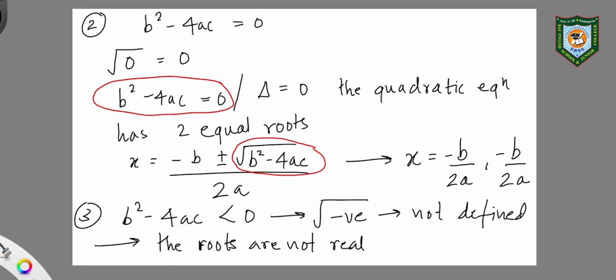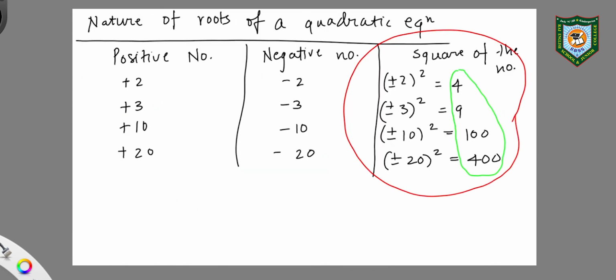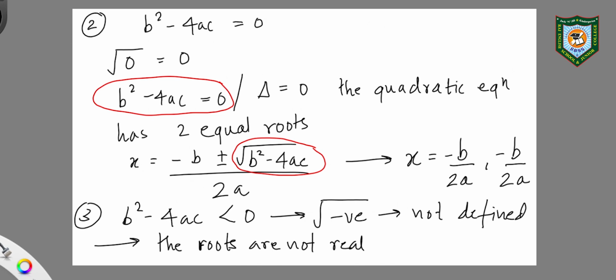So in the next section, we'll be trying out some problems related to the nature of the roots of a quadratic equation. Make sure you revise this before you start the next section. I'll be revising this once again.